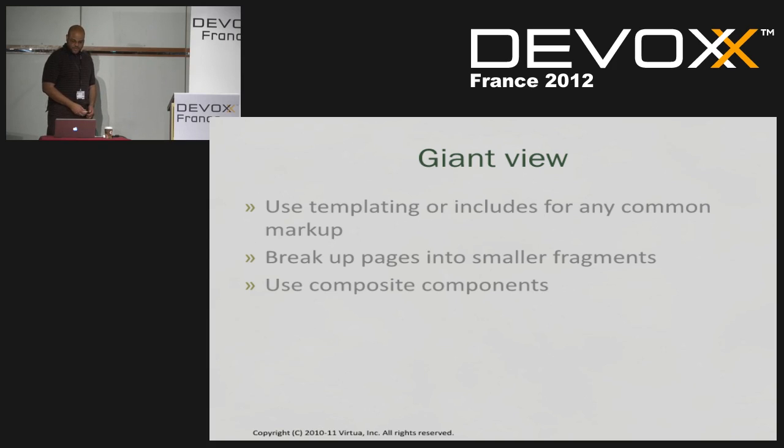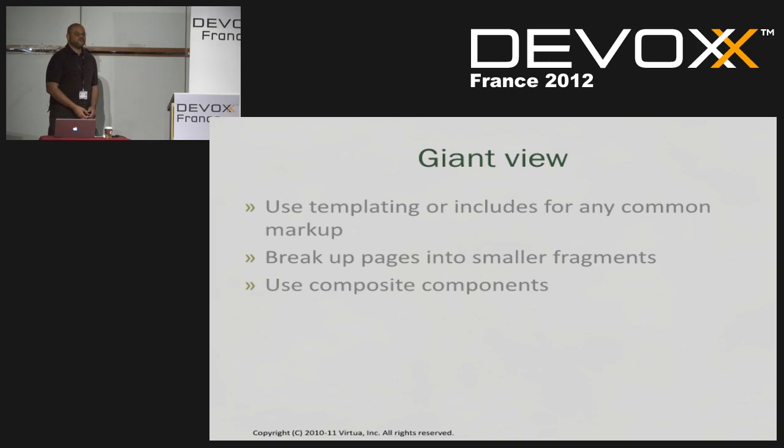Another thing that you can do is use composite components. How many people have developed a JSF2 composite component? Okay, decent number of you. Composite components are probably one of the best JSF2 features, and they essentially allow you to take a fragment of markup and then reuse it in different pages, and they allow you to have that fragment have properties and methods and things like that as well, like a real component.